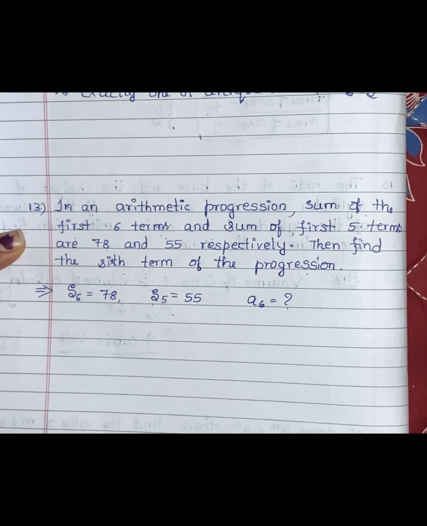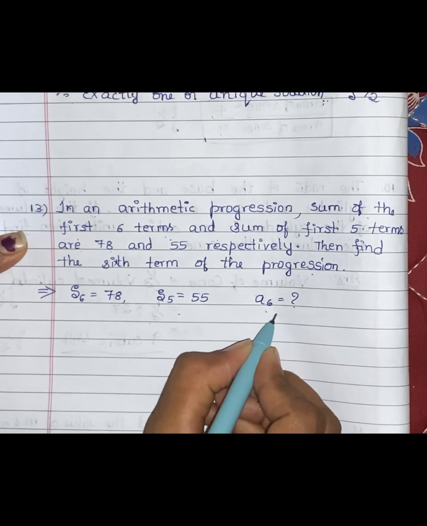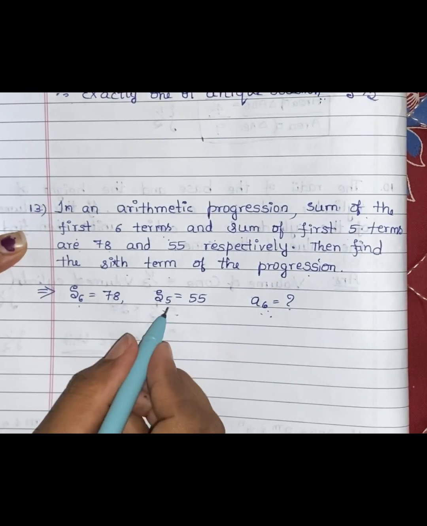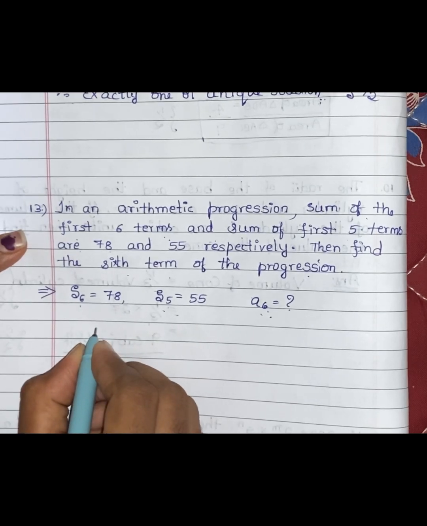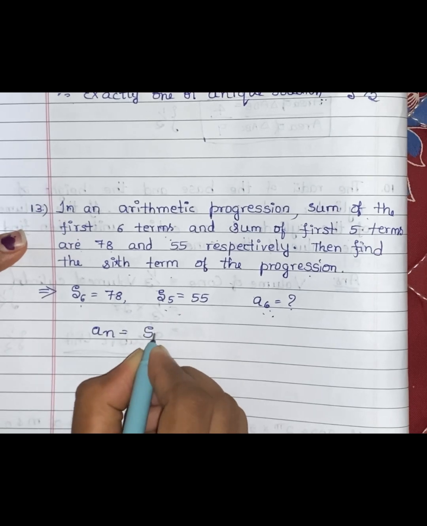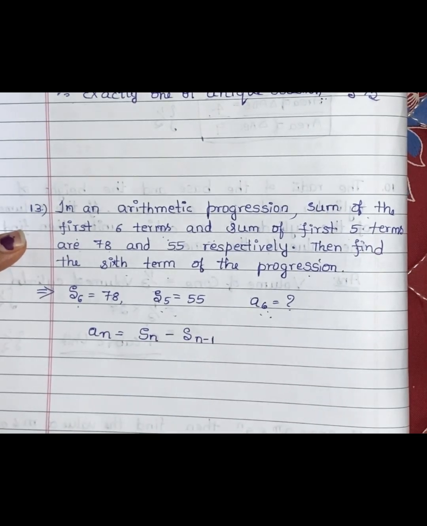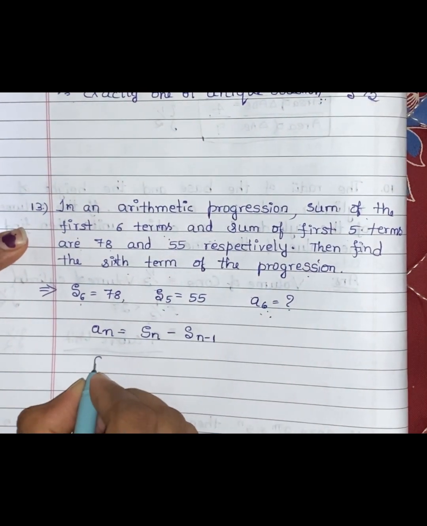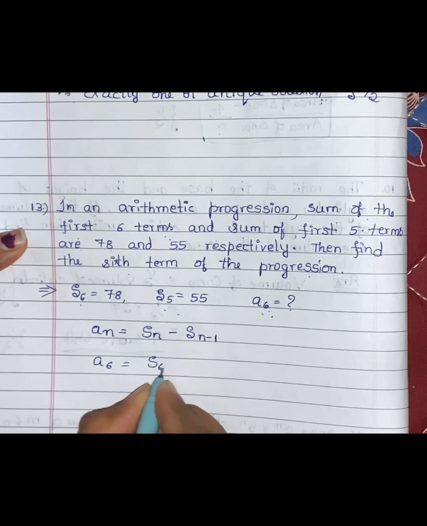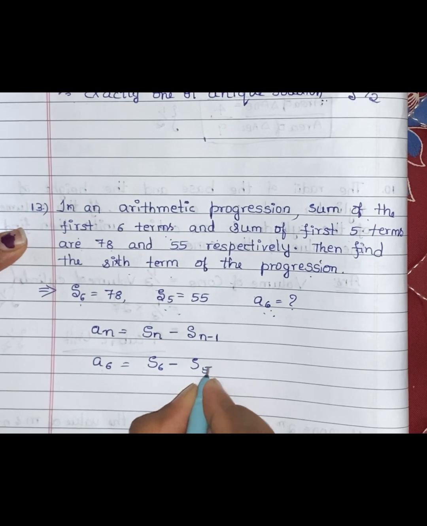So how do we find it? Which formula can we use to find A6, which should have Sn values? We have one formula, that is An is equal to Sn minus S of n minus 1. Now we need to find A6, so S6 minus S of 6 minus 1, that is S5.